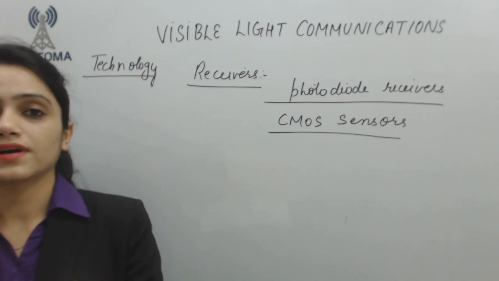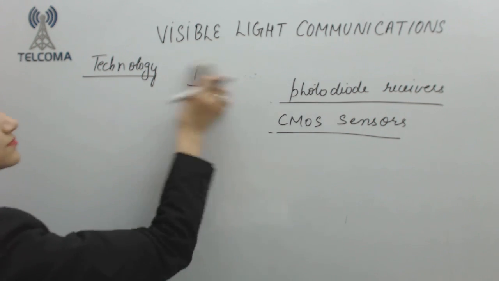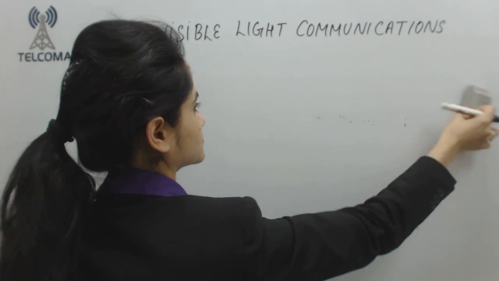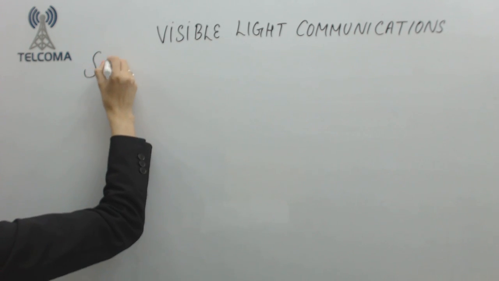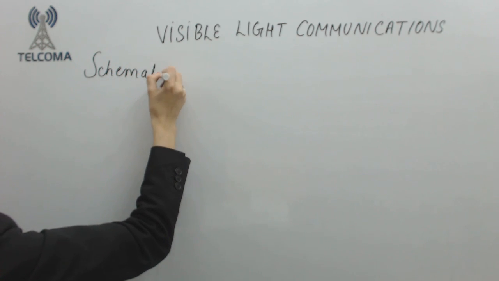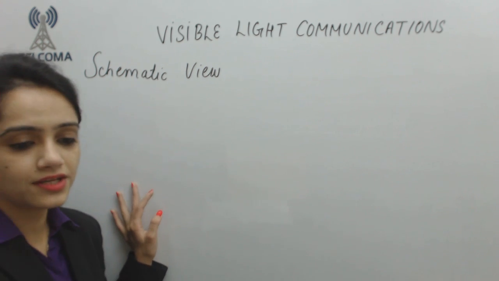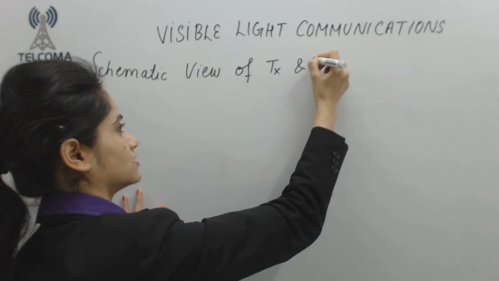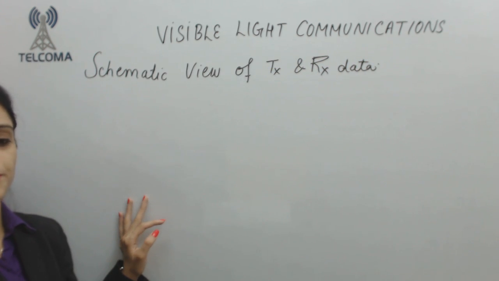Now let's have a schematic view of sending and receiving the data. So this one is the schematic view of transmission and receiving data.